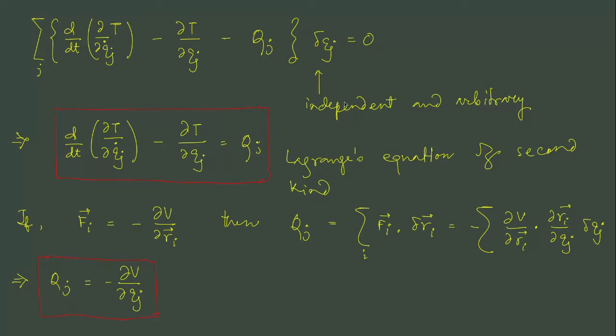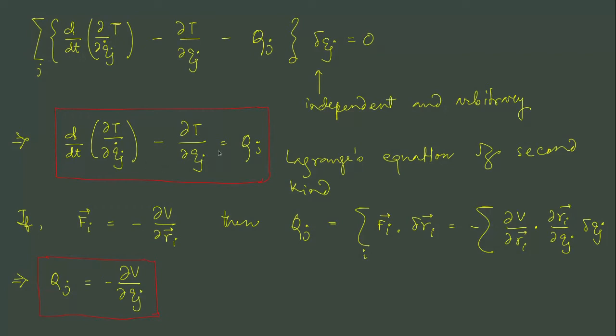But the q_j's are independent and could be arbitrary. As such, this sum will vanish only if their individual coefficients vanish. So we get Lagrange's equation of second kind, where the generalized force is related to various derivatives of the kinetic energy.